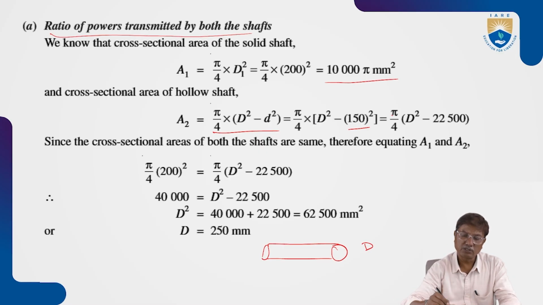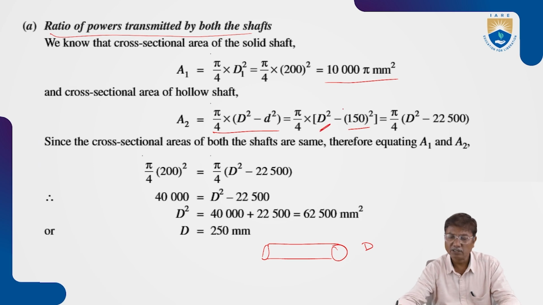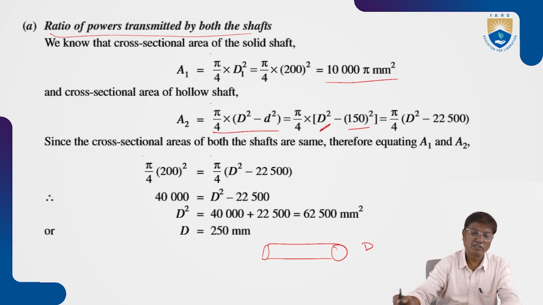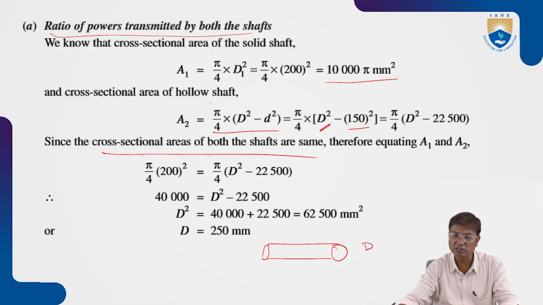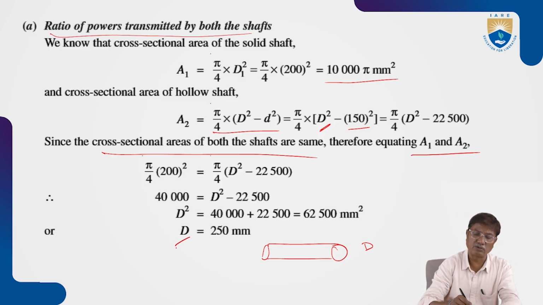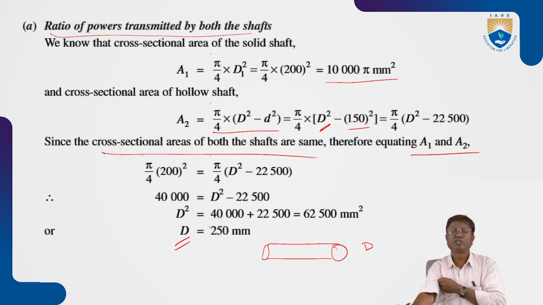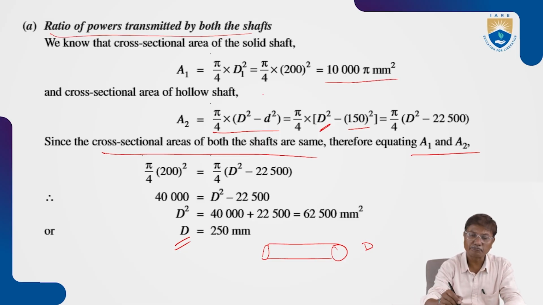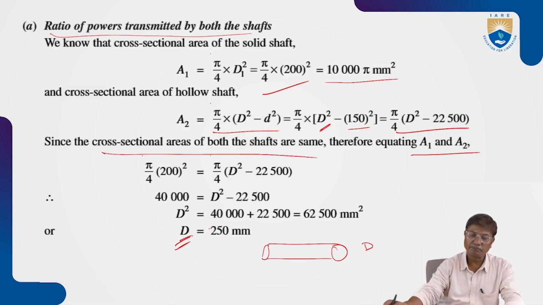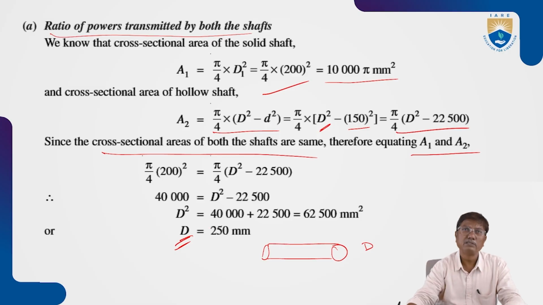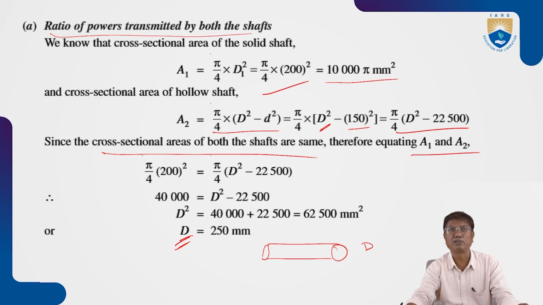Inner diameter is known, outer diameter we have to find out. The condition is that the areas are equal. By using this condition, we will find the outer diameter of the hollow shaft by equating these two areas.